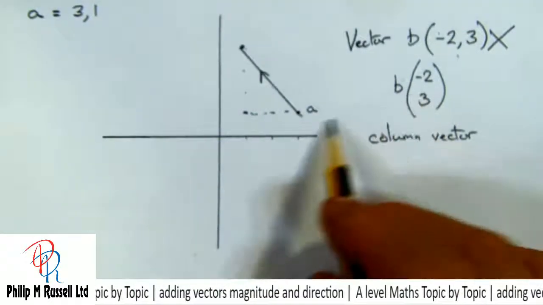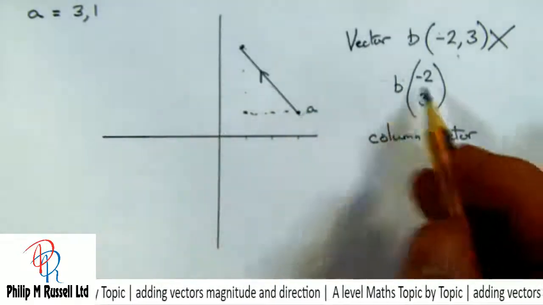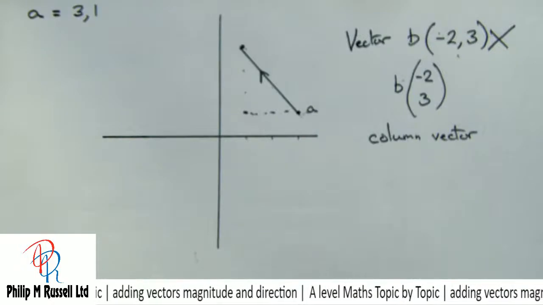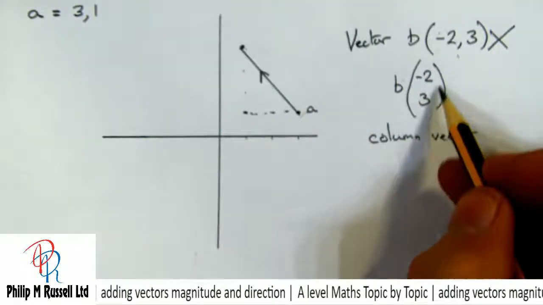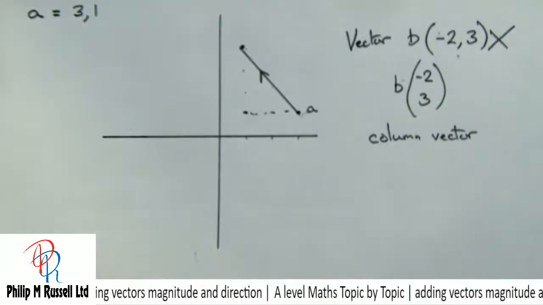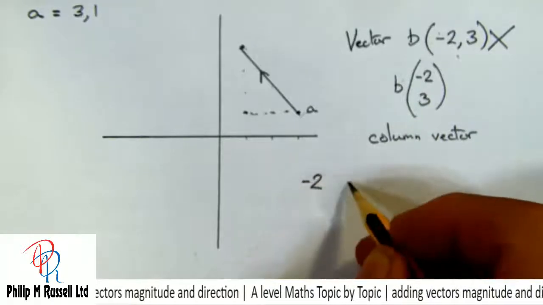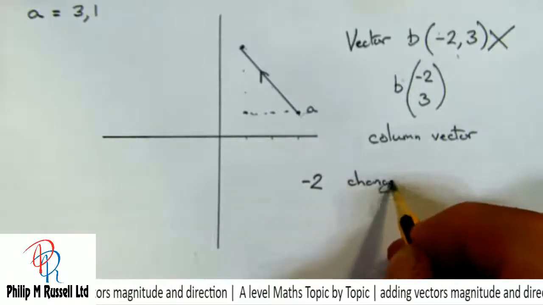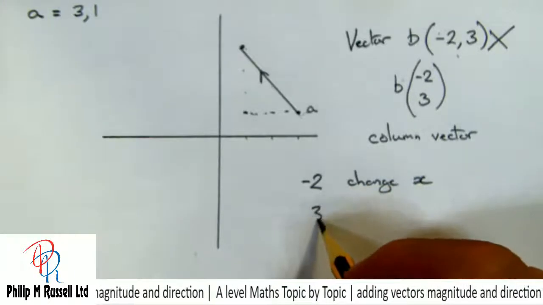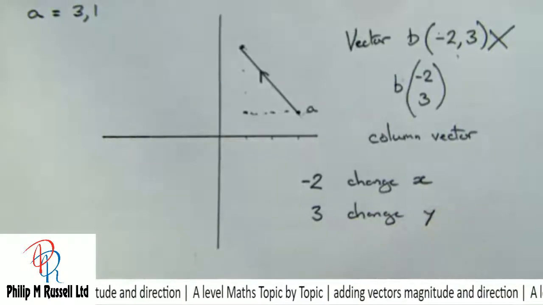And if we know where we start, we can actually work out where we're going to end up. So a column vector is simply telling us by how much we're going to move something. Our first number, the -2, is going to be our change in x, and our 3 is going to be our change in y.